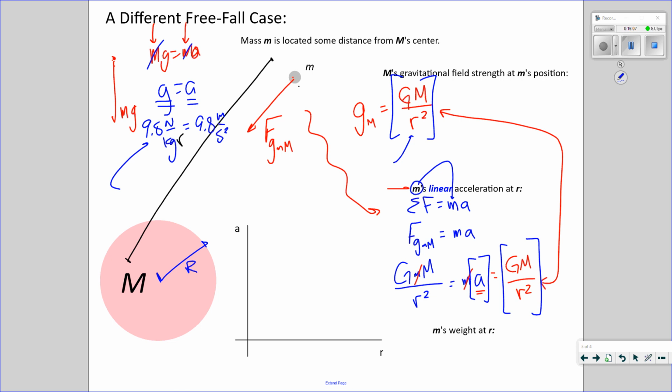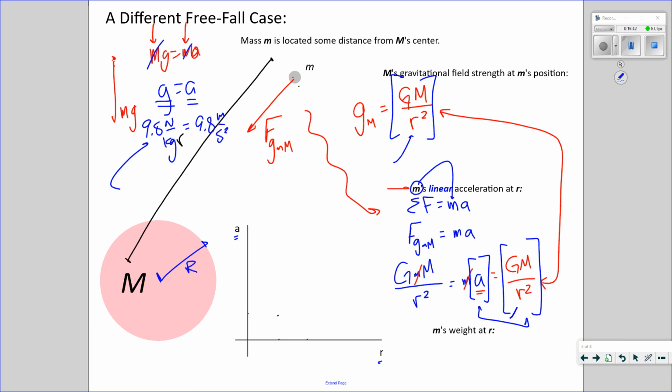And this just shows us, since acceleration is proportional to the inverse of r squared, that this graph, if we look at acceleration as a function of r, here's a way to do this. You start with a point like here and here. So there's a data point. At some r, you get some a. If you double r, what happens to a?